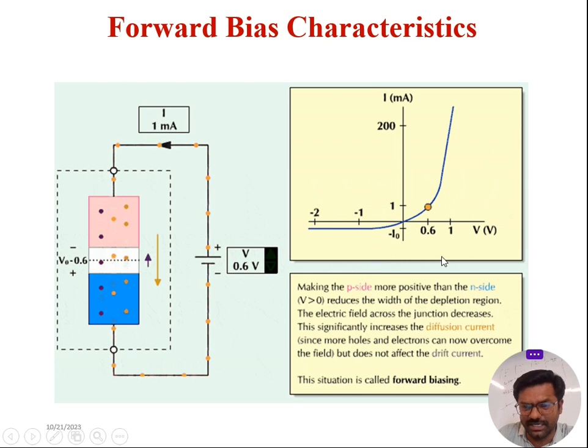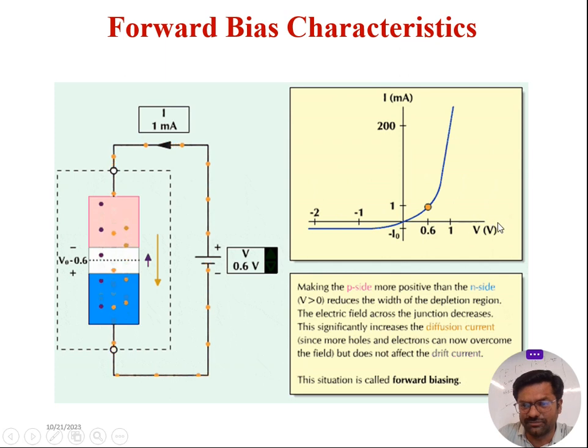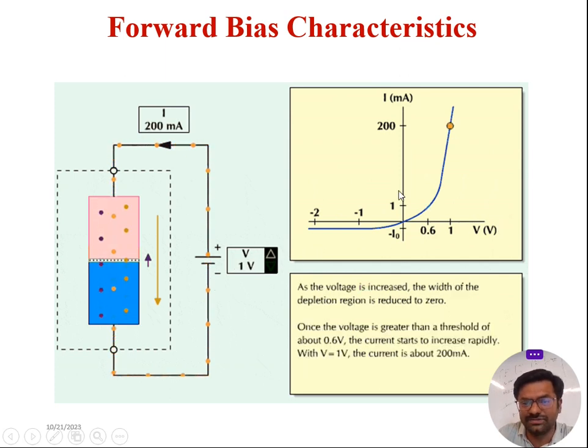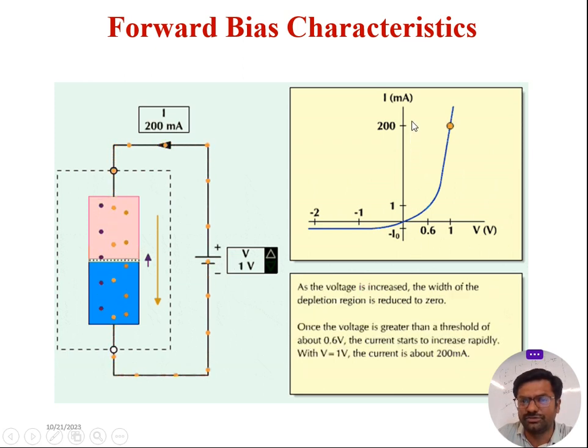If I plot the independent variable along with the dependent current, then that is called the characteristics. This axis is the independent voltage we are applying through this battery, and this axis is the current flowing through the diode. If we plot this, the independent voltage with respect to the current flowing through the diode, we get the diode characteristics.